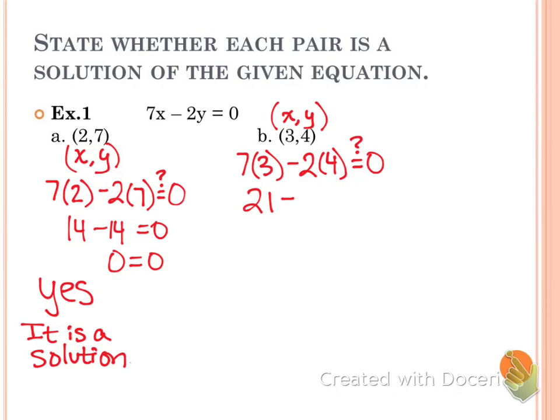I should hear more people answering these. These are basic facts. What's 2 times 4? 8. What's 21 minus 8? 13. Does 13 equal 0? No, 13 does not equal 0. So do we think this is a solution? No. It is not a solution.